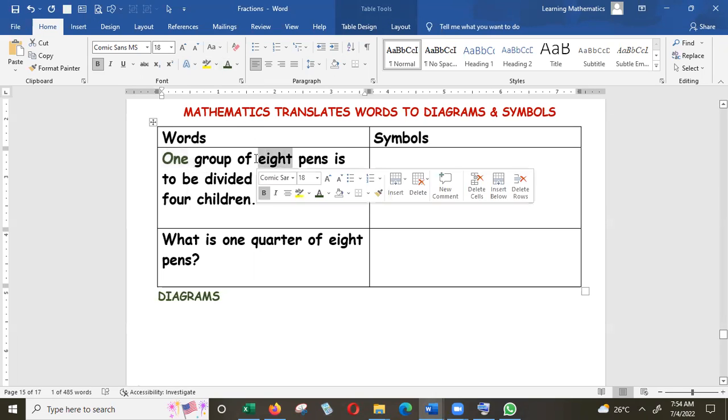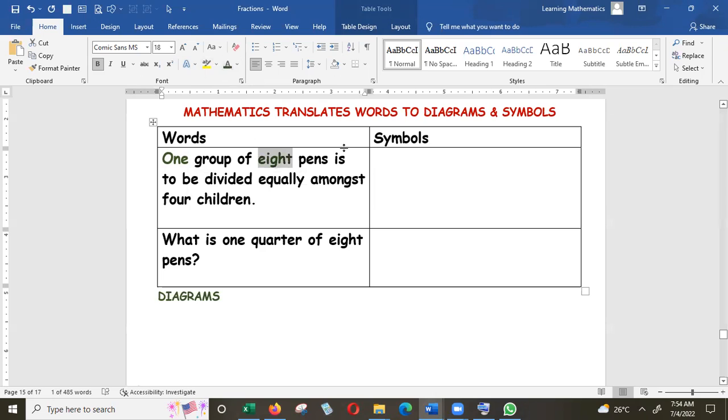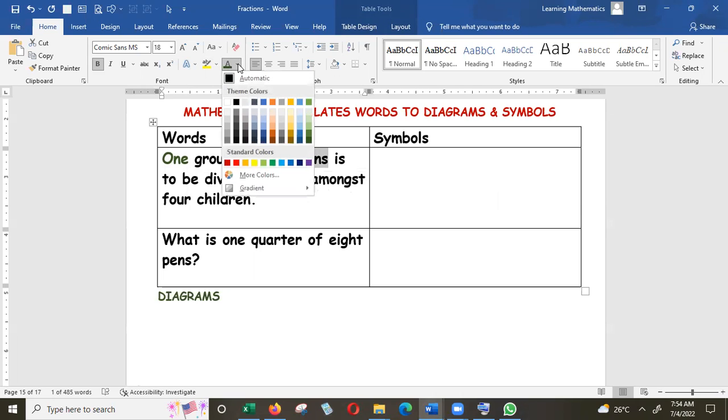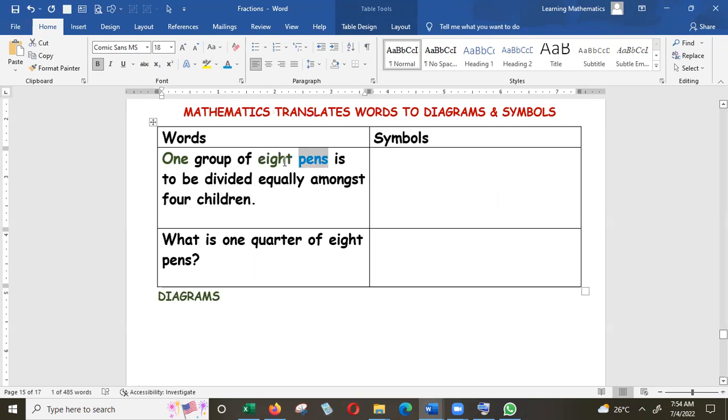It has its translation. Pens is not really an important word in mathematics. It's not really quantitative. So basically, it does not really have a formal symbolic translation in maths, but we can use a diagram for it.